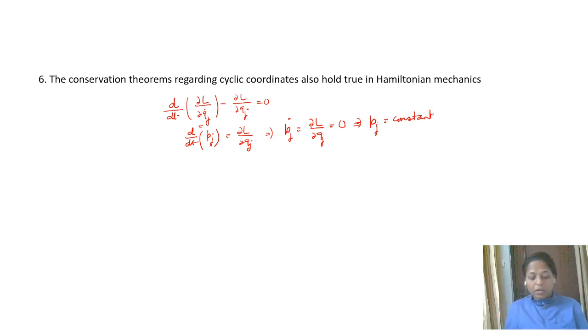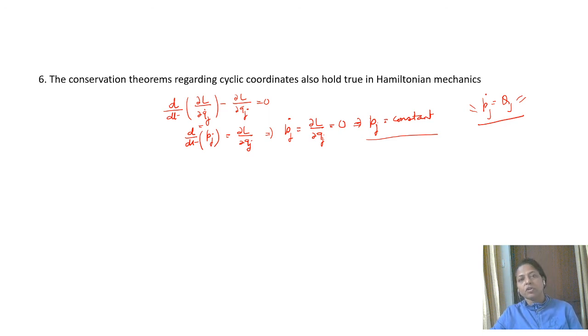And we have proved that if p_j is constant, then first we proved that p_j dot is equal to the equation of motion. This was representing the force, and this was representing the momentum. Corresponding to the translation, it was representing the linear momentum, and this was representing the force component in the direction of translation.